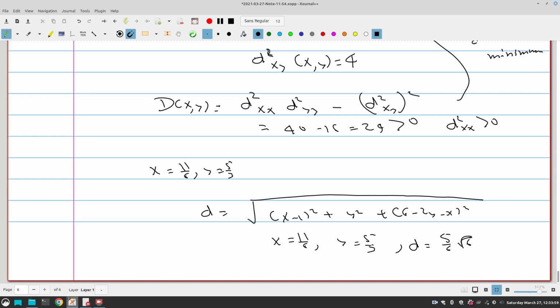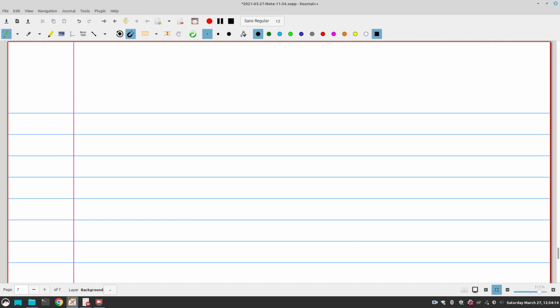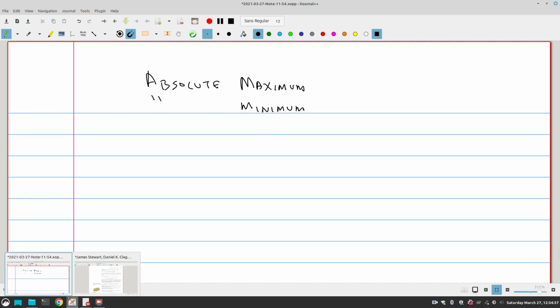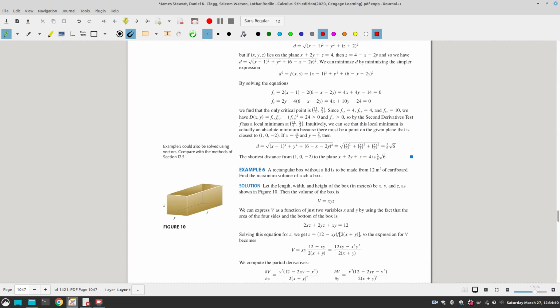Okay, now so far we've been looking at local maxima and minima. But what about absolute maxima and minima, or global maxima and minima? Right, so the definition of an absolute maximum, and of course minimum, is this. So you have a function. Let's go over the definition, and I'll explain it right after.